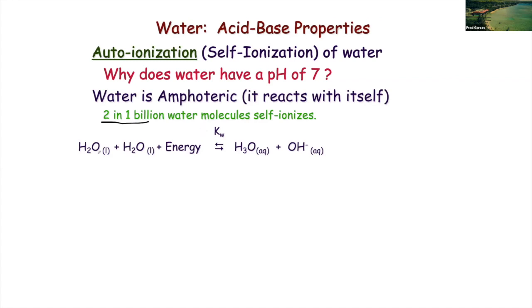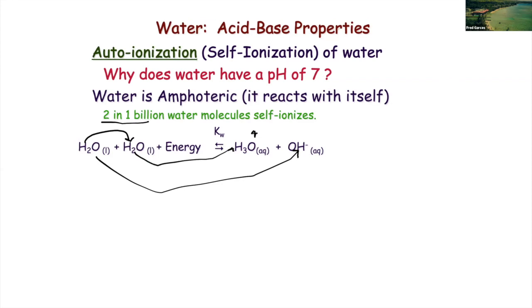And the self-ionization reaction is one water will donate its hydrogen to another water, and that water will become a hydroxide. And then the water molecule that accepts the hydrogen ion becomes the hydronium.